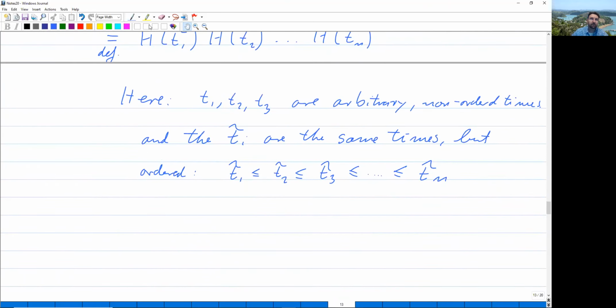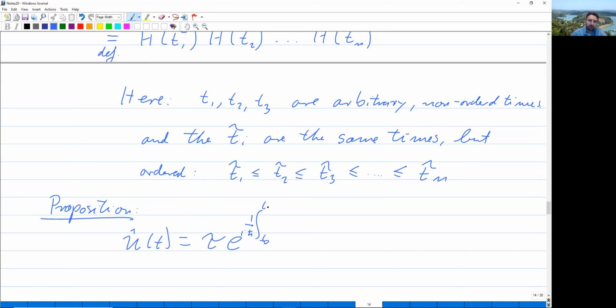Okay, so, proposition: one can prove, but I won't prove it here, that u hat of t is equal to a time ordering operator acting on e to the power 1 over i h bar integral from t naught to t of h hat of t prime dt prime.